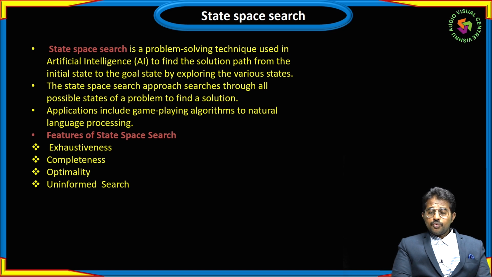For this searching problem, whatever we will be given is the starting node and the goal node. We have to go from one state to another state until the goal node.